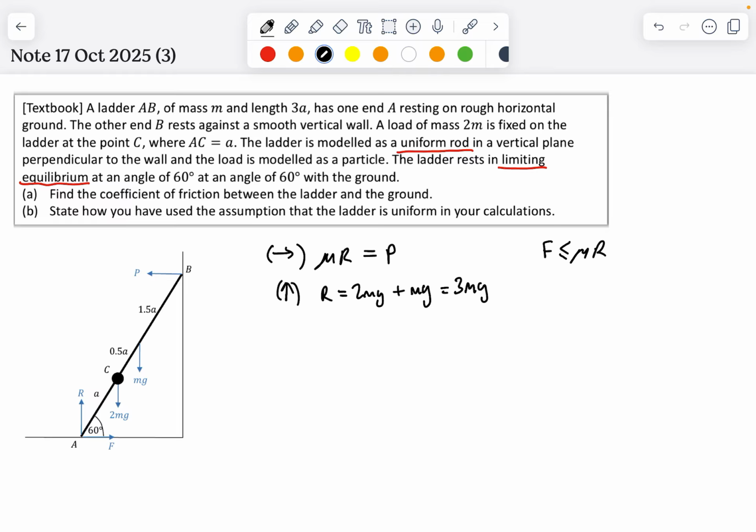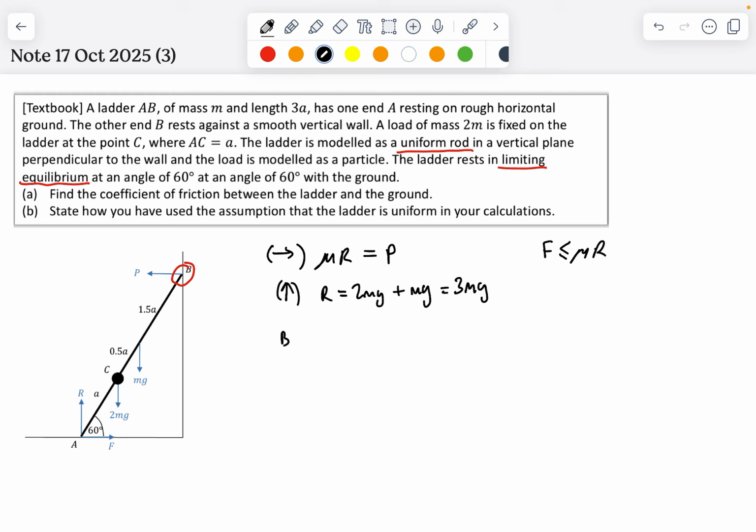Right. Now, I need to find out what P is to then solve for mu. So let's do moments. Now, I want the coefficient of friction, so I'm going to pick B as my pivot. If I picked A as the pivot, then the mu R would disappear.